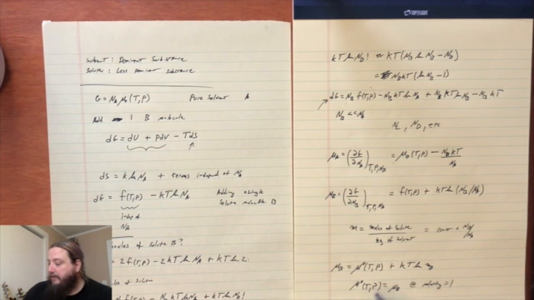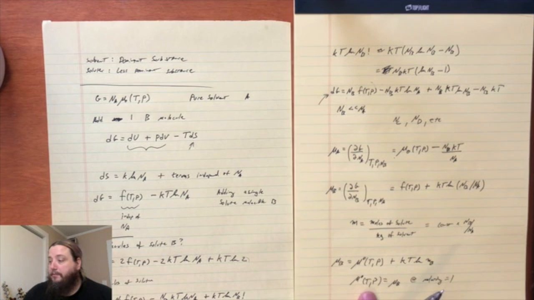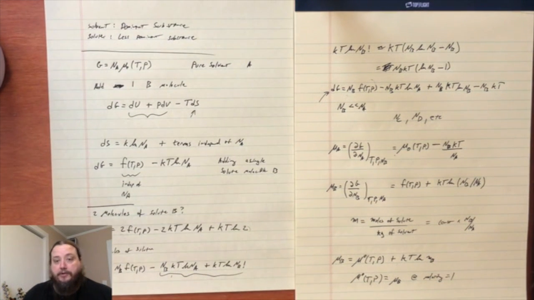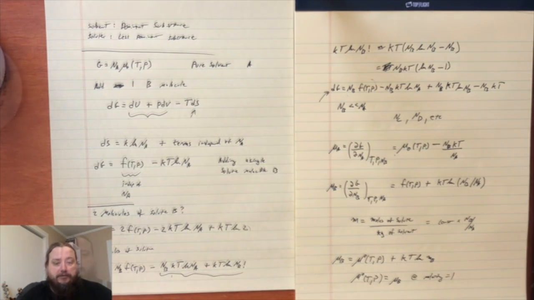So if we let m equal 1, then this second term disappears, and this is basically a reference chemical potential that could be looked up in various tables for a molality of 1, a sort of standard solution, if you will.